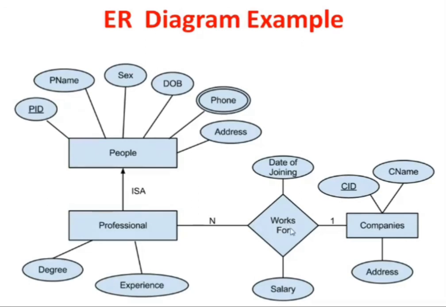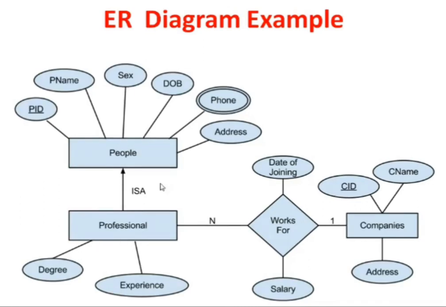And we have mentioned what the form of the relationship is as well: N is to 1, right? A number of professionals are working for one company. The company has attributes: company name, company ID, and company address. The professional has attributes like degree and experience.